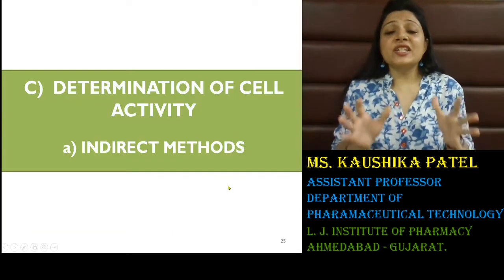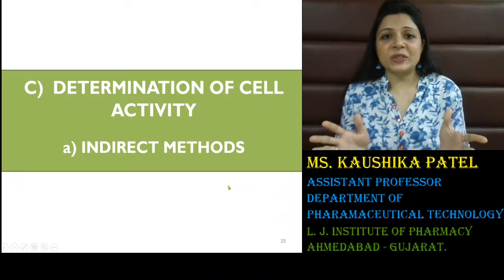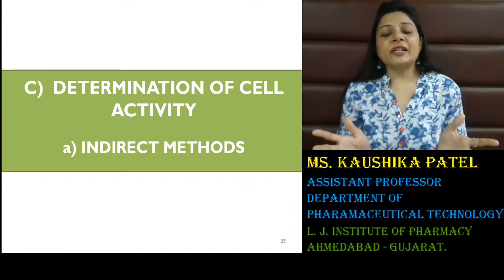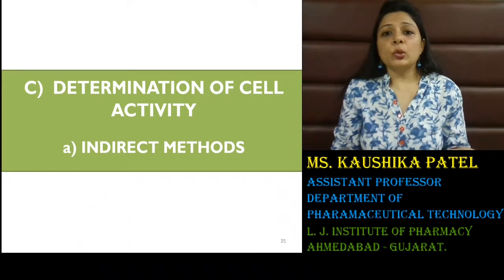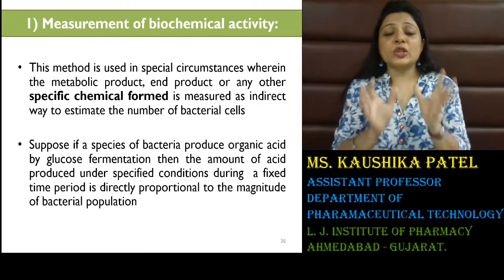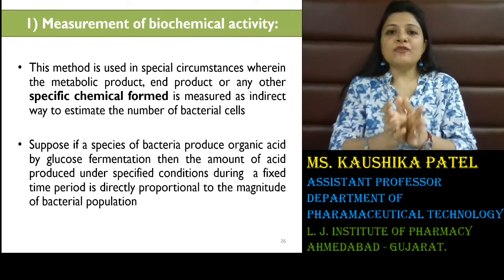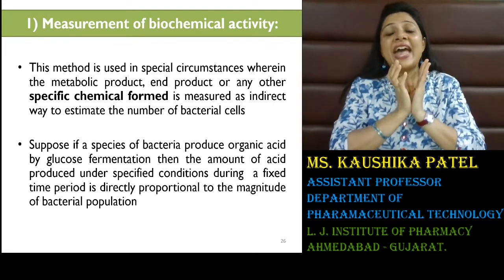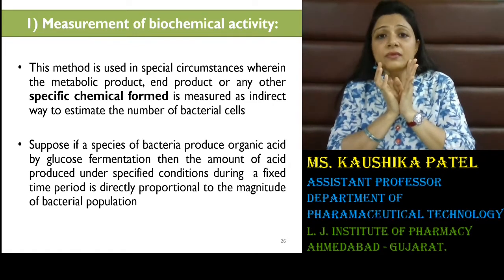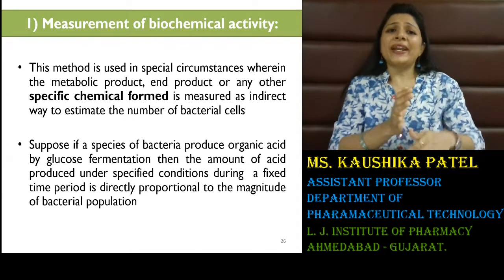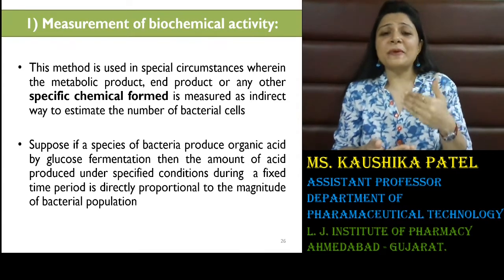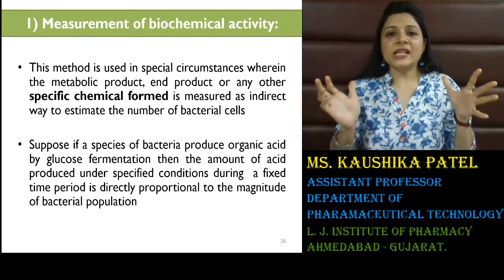Third approach is the determination of cell activity. Here only an indirect method is possible because you will count the number of cells based on the biochemical activity of the sample. You have to consider any end product, metabolic product, or any chemical which is produced by the cell during the biochemical cycle.